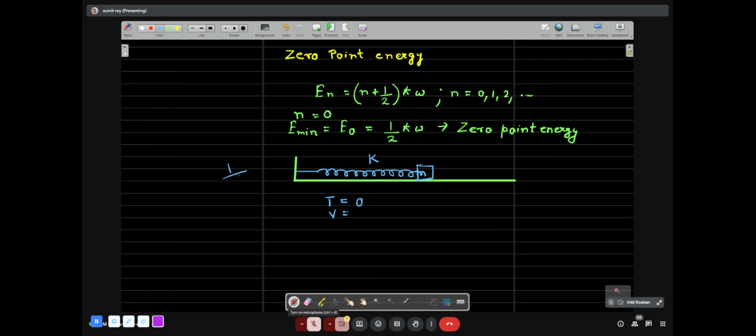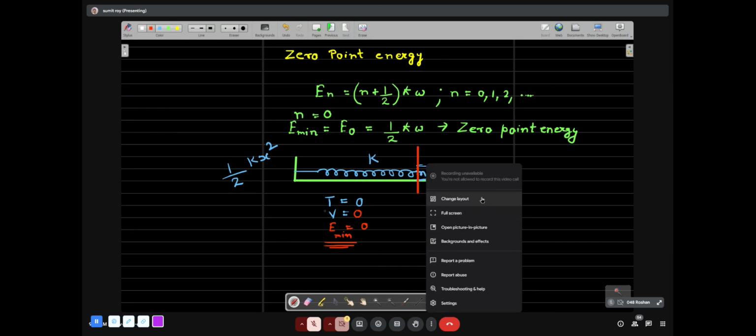Potential energy of a harmonic oscillator is half kx squared. And what is x here? The particle is at its mean position, so x is 0. So potential energy is 0. So what is the total energy? 0. So the minimum total energy which the harmonic oscillator can possess is 0 from the classical perspective.